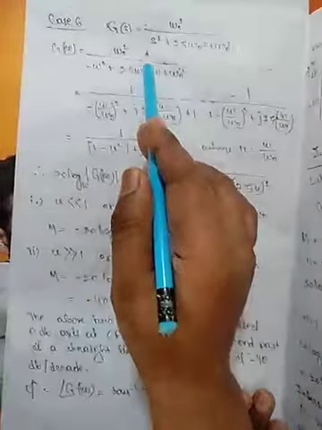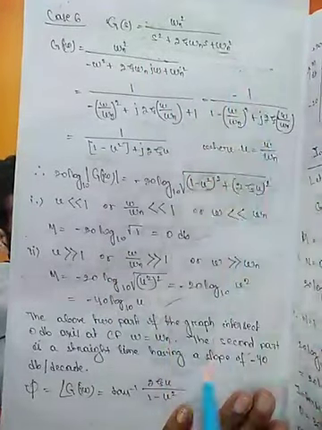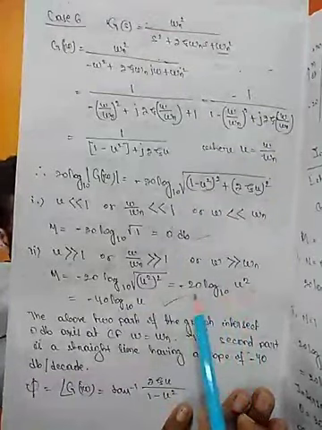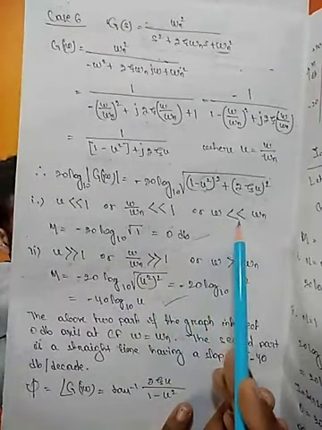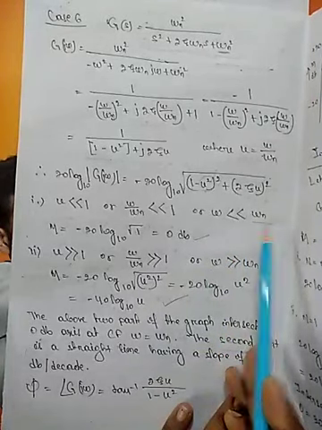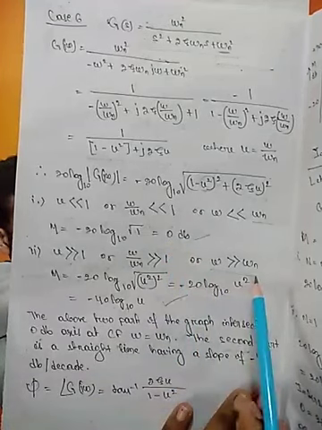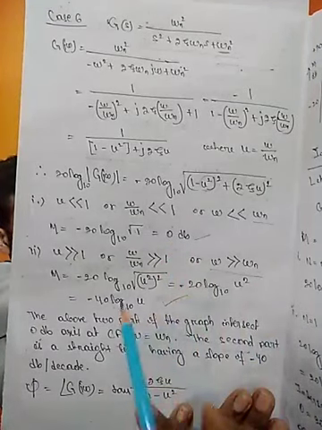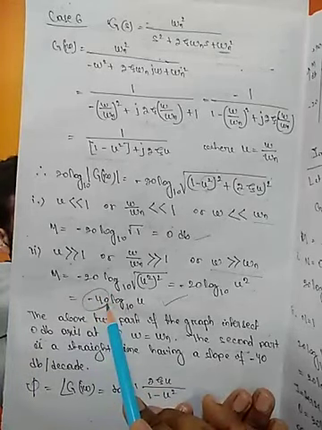For this transfer function, omega n is the corner frequency. When omega is less than the corner frequency omega n, magnitude is 0, and when it is greater than omega n, the slope of the curve is minus 40 dB per decade.